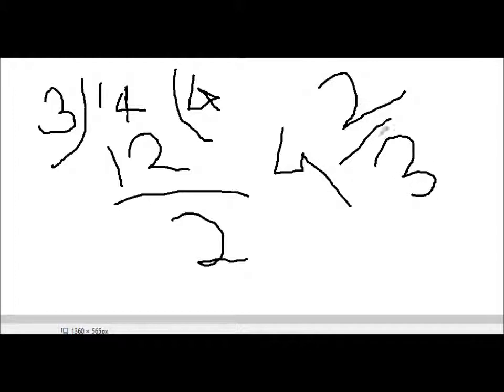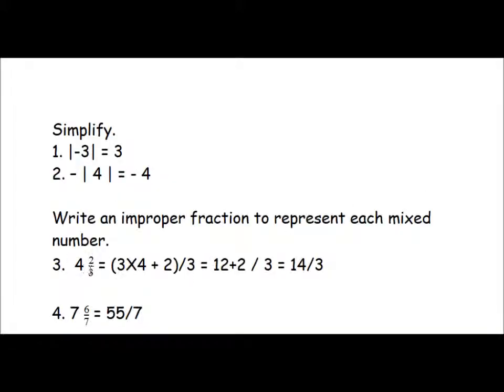So 4 2 by 3 was the original number here. To get back the fraction, what we have to do is multiply the denominator with the number in the middle. 3 4s are 12, and then add the topmost number, which gives us the fraction.